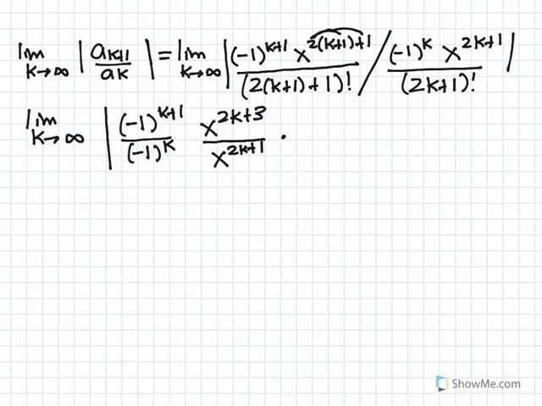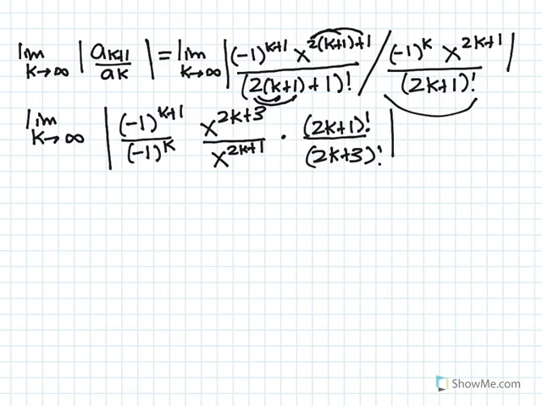In the denominator, we get 2k plus 2 plus 1, so we get 2k plus 3 factorial, and in the numerator, we're basically flipping this term, reciprocating it, so we get 2k plus 1 factorial coming out in the numerator.